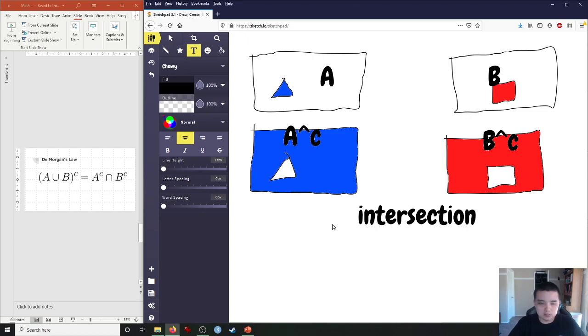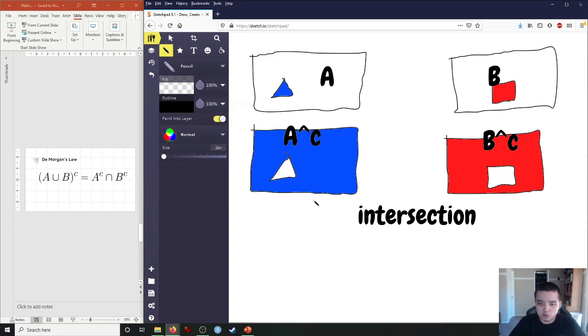The technical definition of intersection is to include the points that were in both of these sets, namely both blue and red.